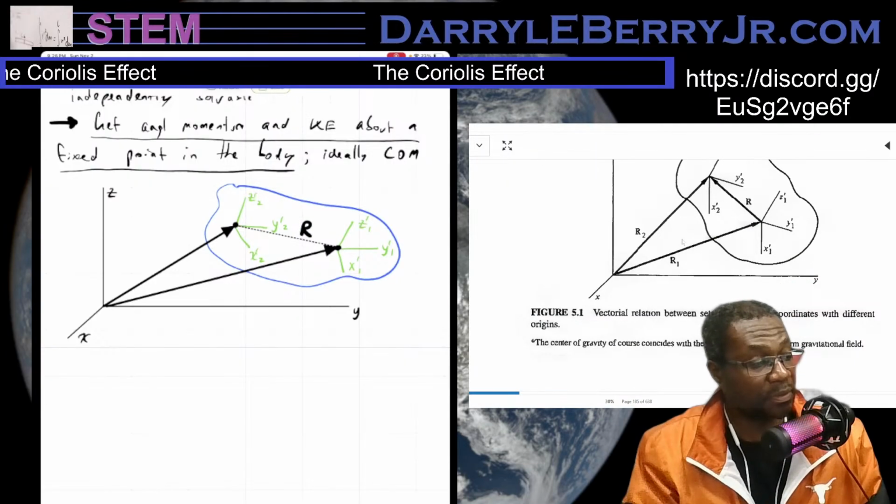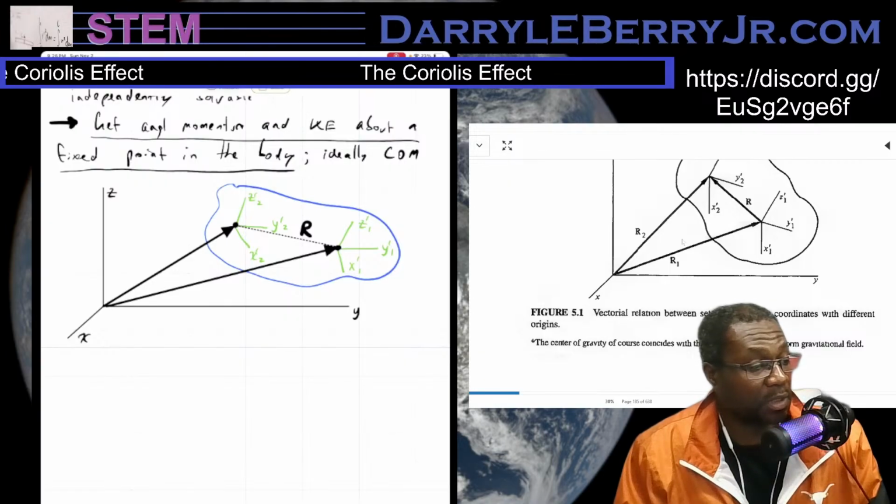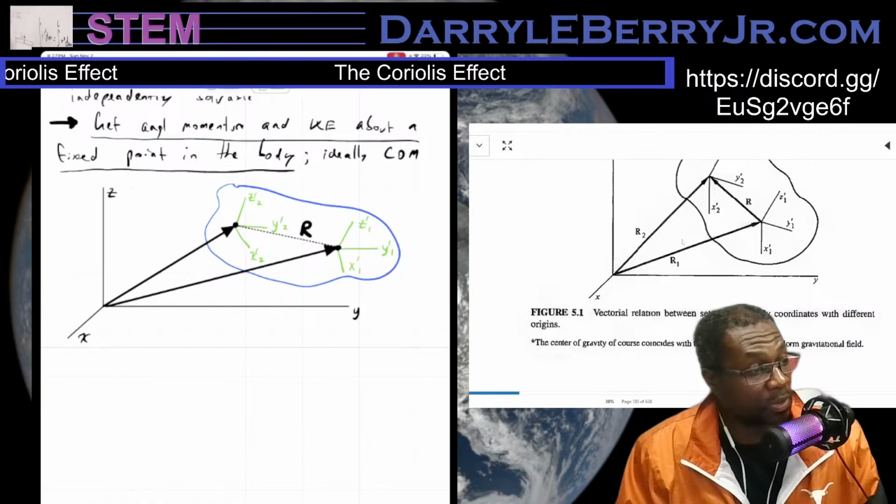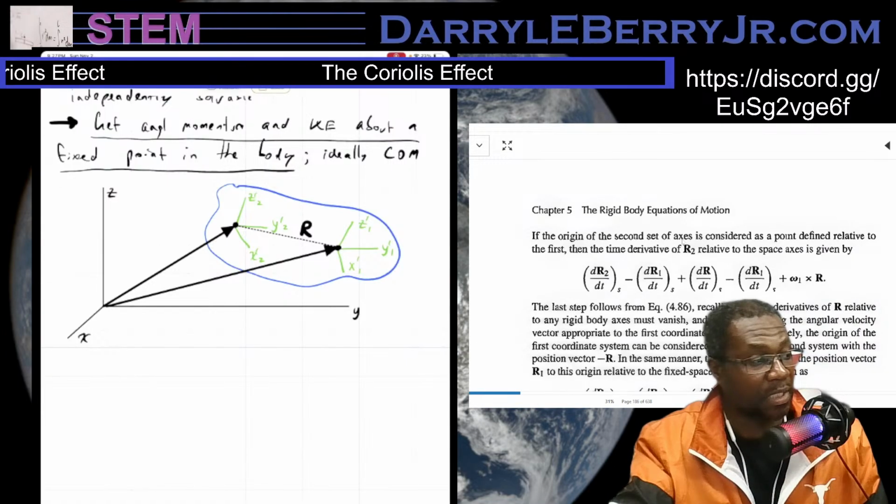This is purely a relation between sets of rigid body coordinates with different origins. Right? That seems accurate enough.